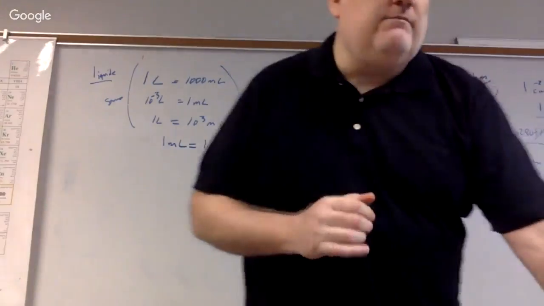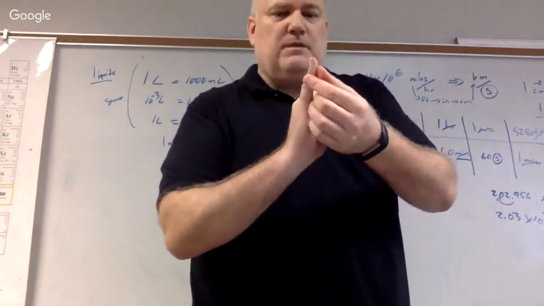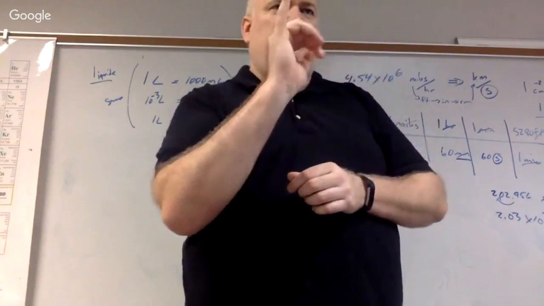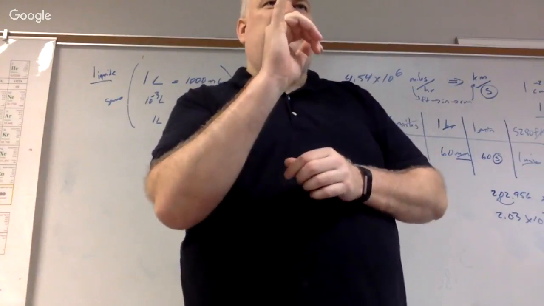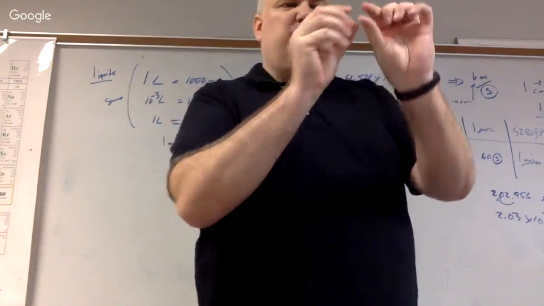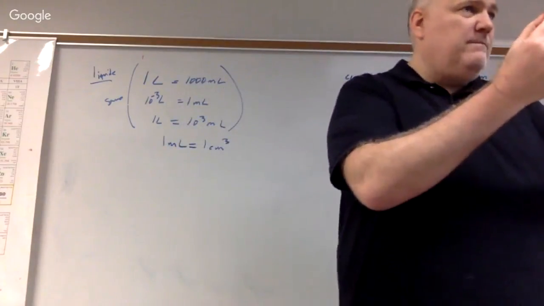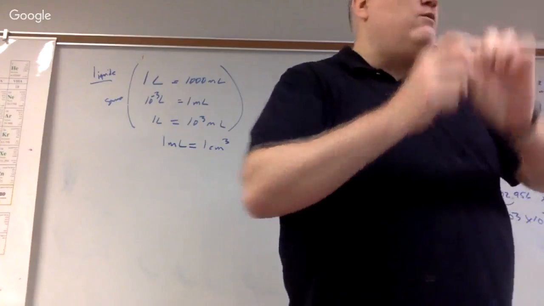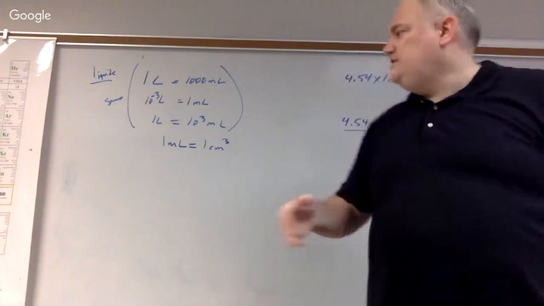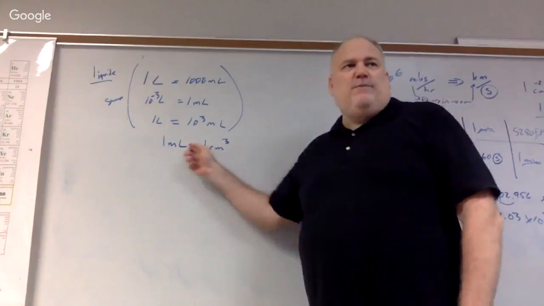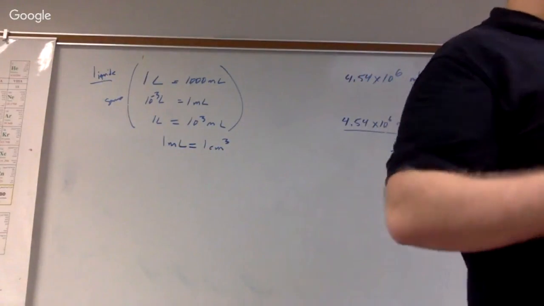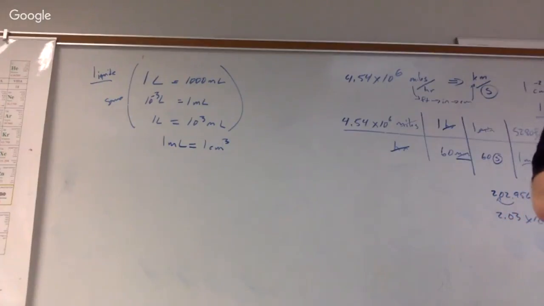The side of your pinky finger is about 1 centimeter wide. So if you were to build a box 1 centimeter by 1 centimeter by 1 centimeter and poured liquid into it, that one little box would occupy exactly 1 milliliter. So 1 centimeter cubed would occupy 1 milliliter. That's a conversion. So if we ever want to go between the two different units, cubic measurements to liquid or back and forth, that's the conversion we're going to use.